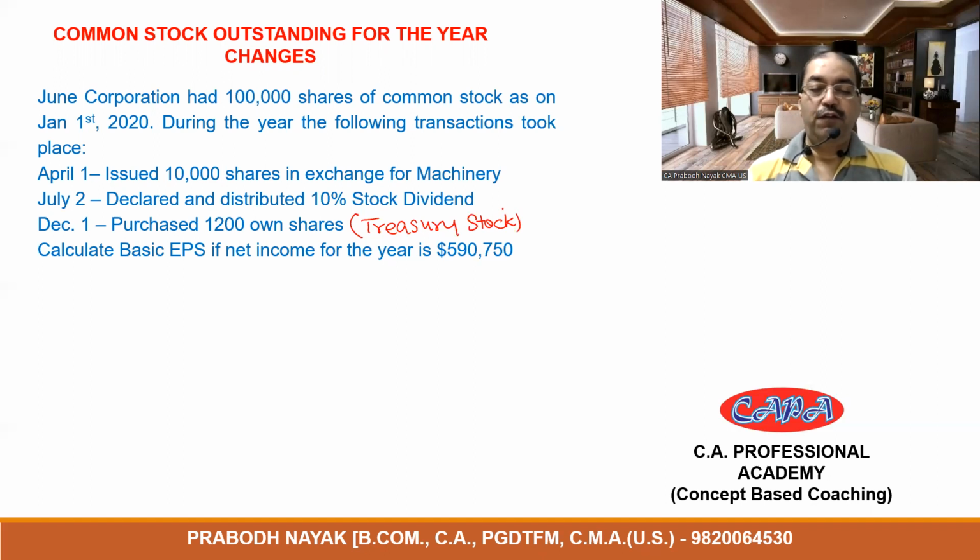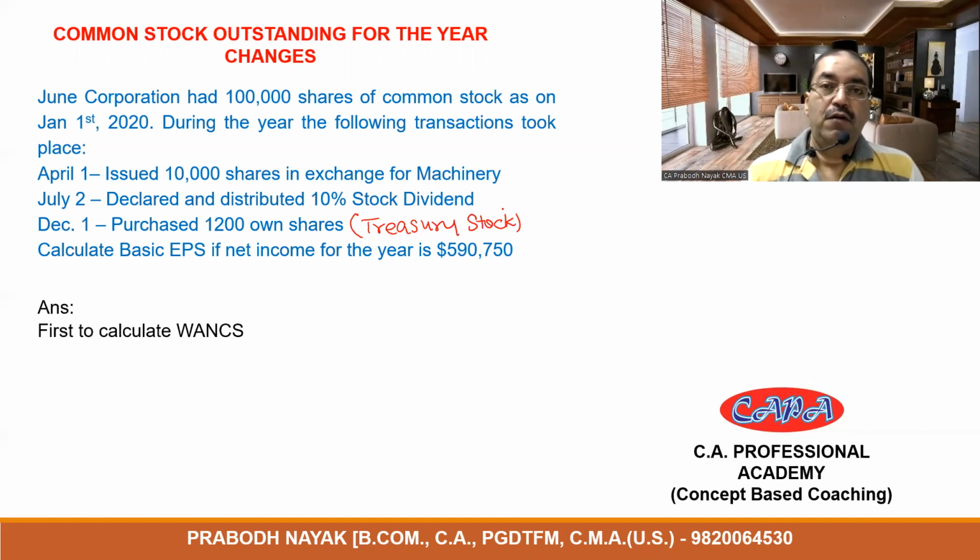Calculate basic EPS, if net income for the year, that means net income after tax, is $5,90,750. So $5,90,750 is the net profit after tax available for common stockholders. So net income is clear.